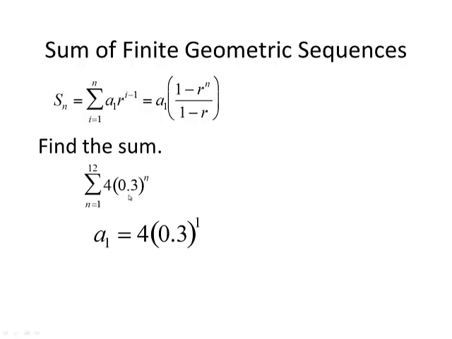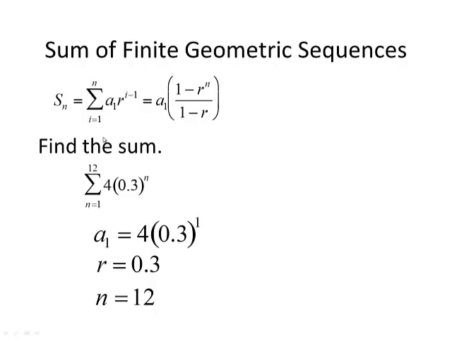That's whatever is the base of the exponent. Okay, the base of the exponent is your common ratio r. And then to find the first term, you actually have to plug in 1 for n in order to discover what that is. Okay, that's kind of important. r is the base of the exponent, which is 0.3, and n is 12. So we're going to have 12 pieces that we're going to add together.